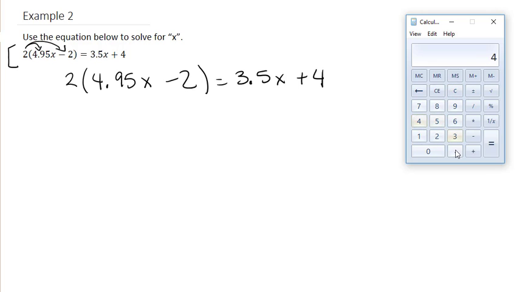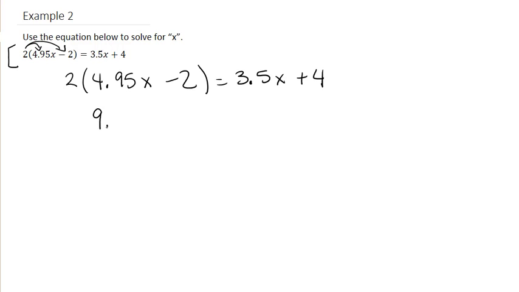So we have 4.95, and we're going to multiply it by 2. So we get 9.9x on this first term.